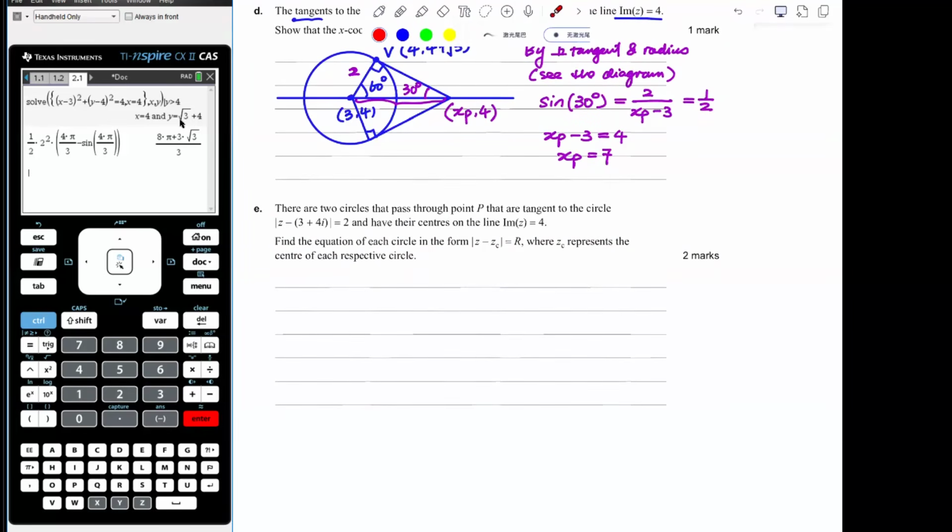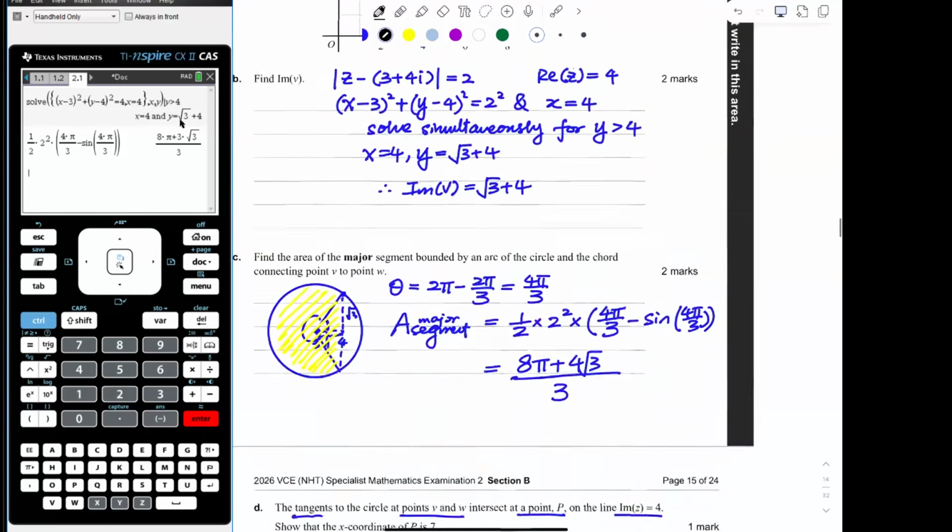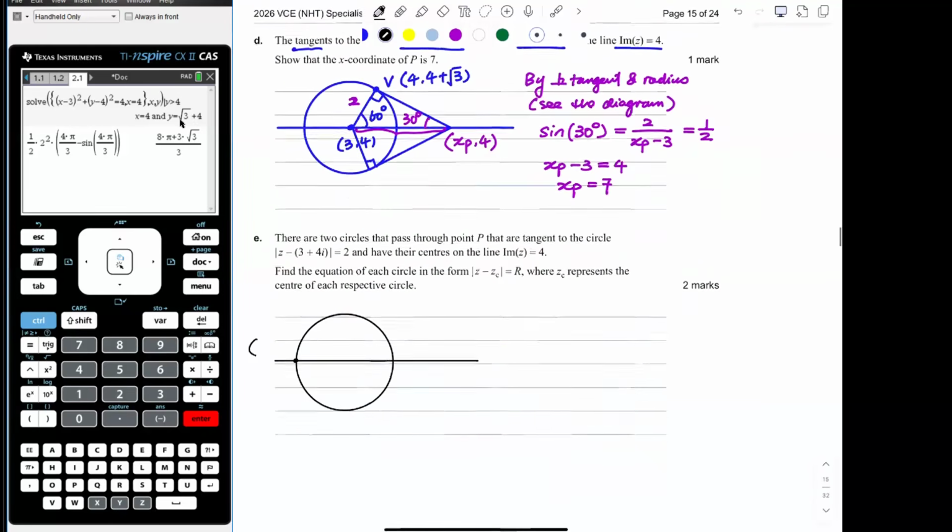There are 2 circles that pass through point P that are tangent to the circle and have their centers on the line y equals 4. Find the equation of each circle in the form modulus of z minus zc equals r, where zc represents the center of each respective circle. So what I'll do is, if I draw a circle like that, I probably would mark, let's say this point is 1, 4.